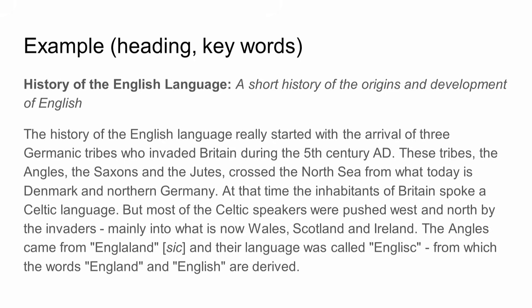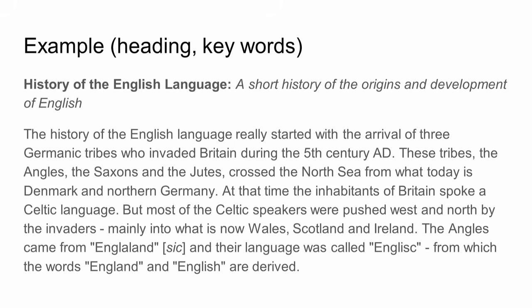The history of the English language really started with the arrival of 3 Germanic tribes who invaded Britain during the 5th century AD. These tribes, the Angles, the Saxons and the Jutes, crossed the North Sea from what today is Denmark and northern Germany. At that time, the inhabitants of Britain spoke a Celtic language, but most of the Celtic speakers were pushed west and north by the invaders, mainly into what is now Wales, Scotland and Ireland.